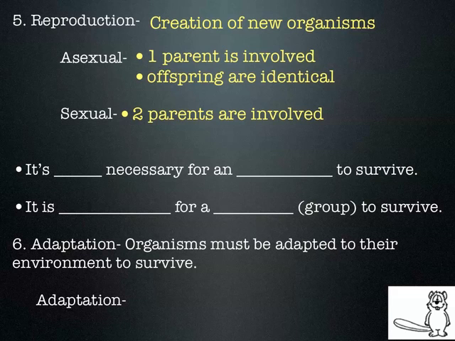And so in animals, for example, males produce sperm cells, females produce egg cells, which combine and form a new offspring. But it has some of the traits from the mother, some of the traits from the father. It's not a copy of either one. It has a mixture of characteristics from each of them. Okay? That's sexual reproduction. Two parents are involved, and the offspring have some variations, have differences.